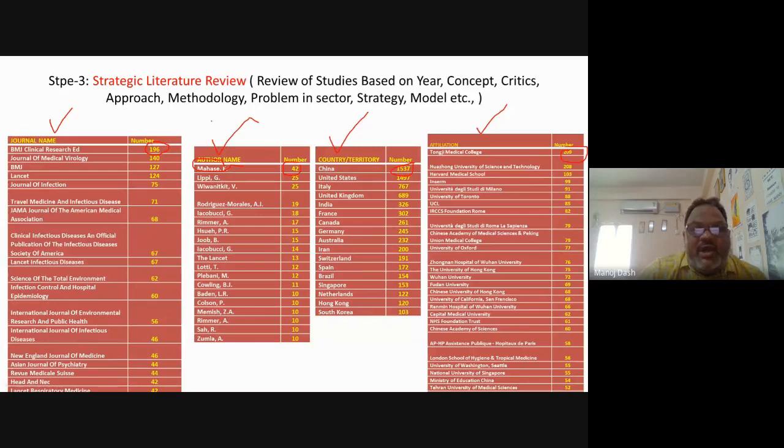So what is the objective? Before going into more depth in my research, I should know which journal to target, which authors I should cite, and which countries' people are largely working in this area. I can go for more collaboration, and see which agencies or labs are working more in the area. One is through visualizations, and one is through tabular form.